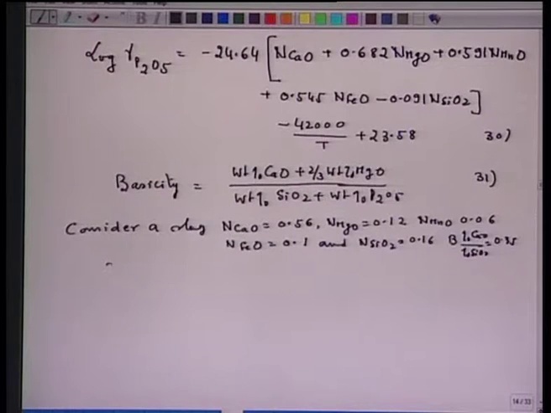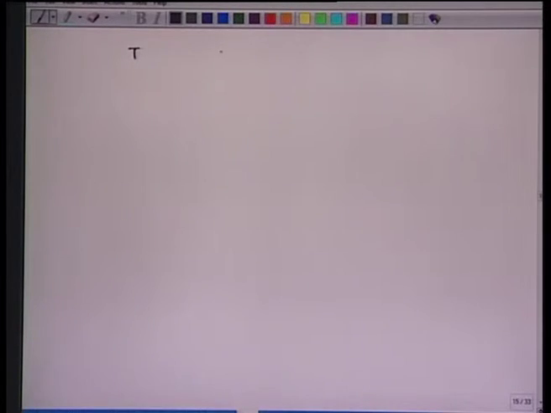Now, let us calculate gamma P2O5 at different temperatures. So, for example, I take here temperature, log gamma P2O5, and I calculate gamma P2O5.